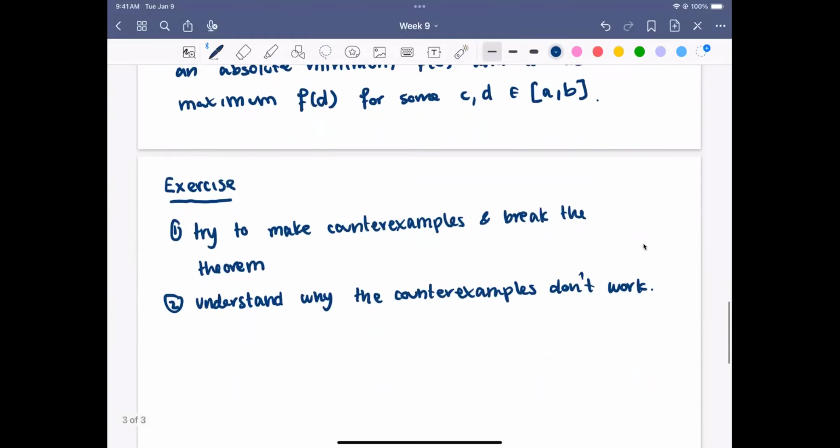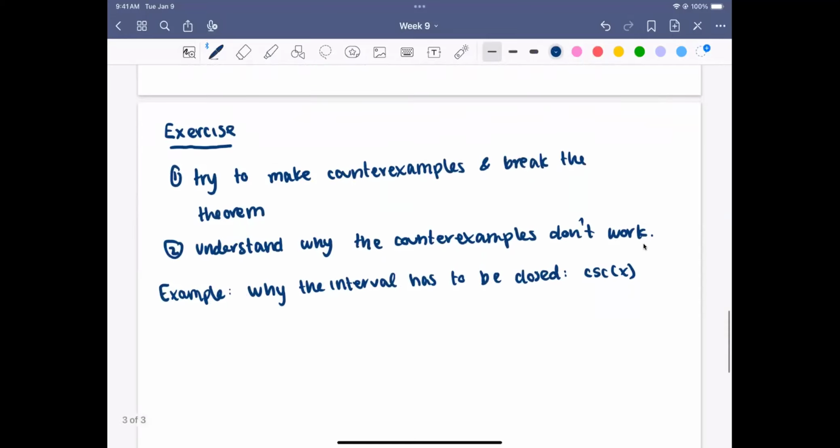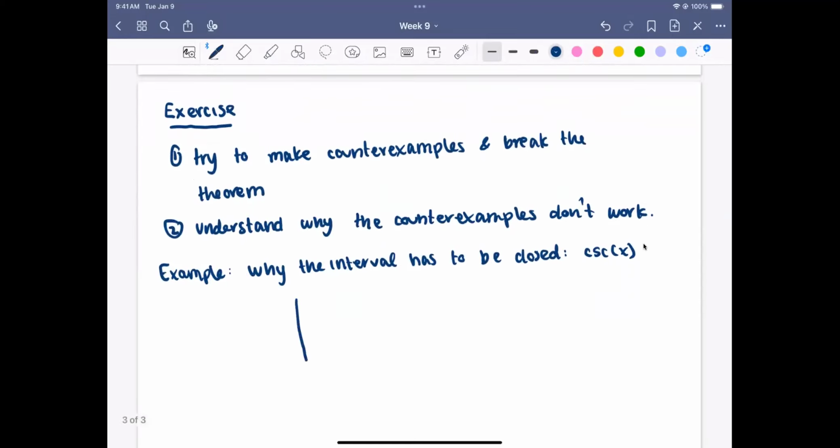So that's an example for why the interval has to be closed. So cosecant x shoots off to infinity, and so you don't have an absolute maximum anywhere on that interval.